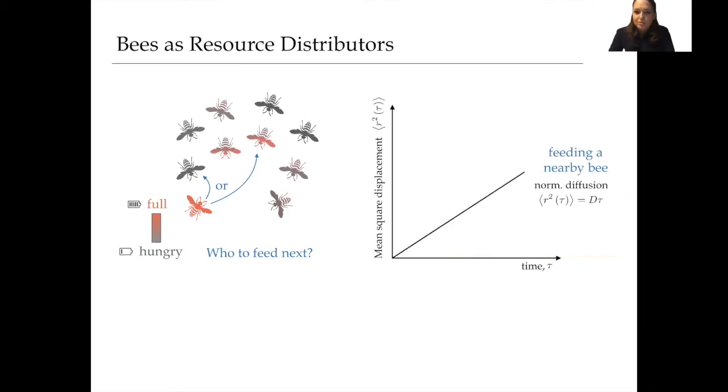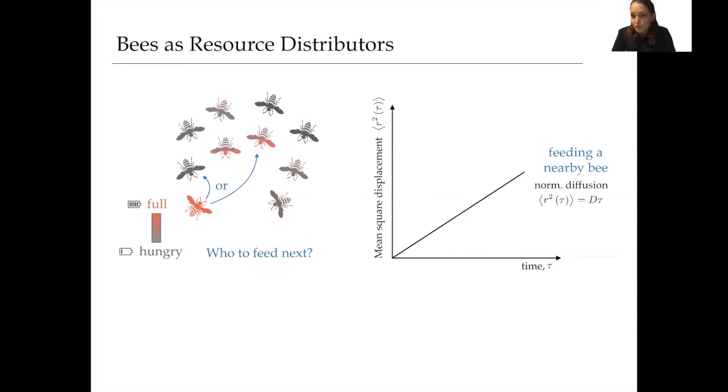We know from Brownian motion, or normal diffusion, that the mean square displacement behaves as a linear function of time times a coefficient, which is the diffusion coefficient. So if a bee moves less, it would have a lower diffusion coefficient, and the slope of this curve that we see here on the right side would change.